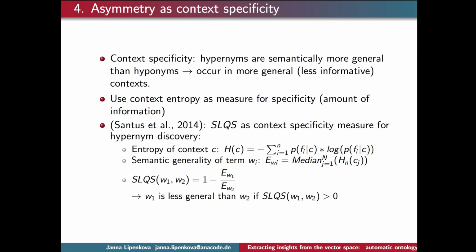How does it do it? Well, first, for any given context of a hyperonym or a hyponym, we measure the entropy of this context, and then we generalize to the term itself by computing the median of the entropies of all of its contexts.